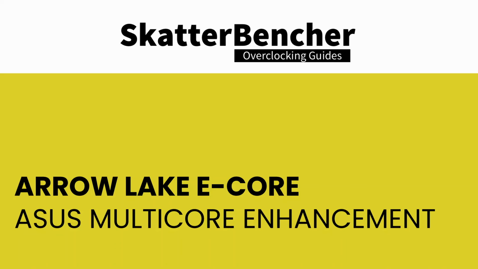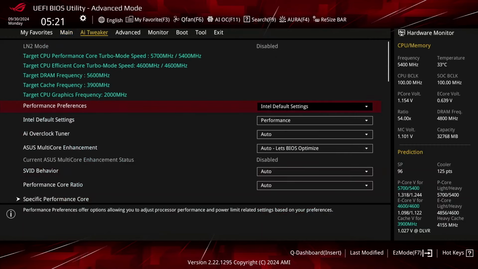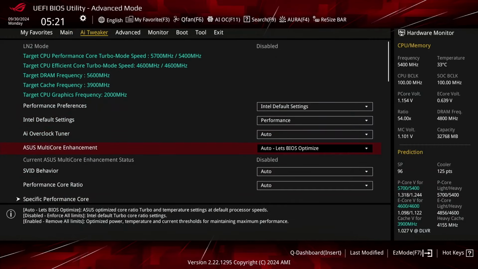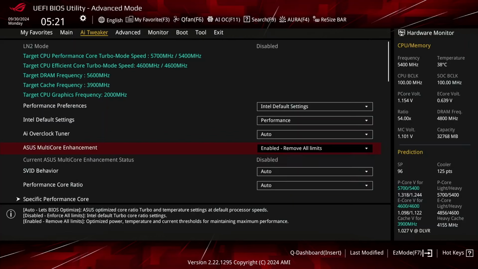ASUS Multicore Enhancement is an ASUS technology that enables higher performance out of the box by tuning some of the Turbo Boost 2.0 parameters. Note that you can select an Intel performance profile and enable MCE at the same time. The effect will be that MCE overrides the most common Turbo Boost 2.0 parameters, such as the PL1 and the PL2, but will adhere to other limiters, such as the current excursion protection configured by the Intel Performance preset.